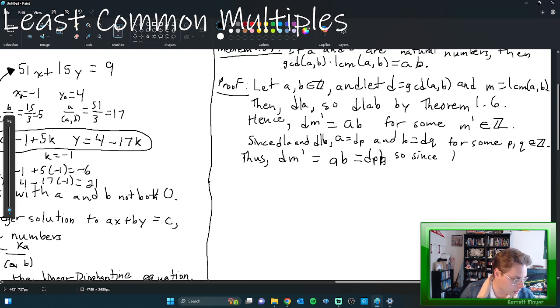So since D does not equal 0, m prime equals PB, meaning B divides m prime.